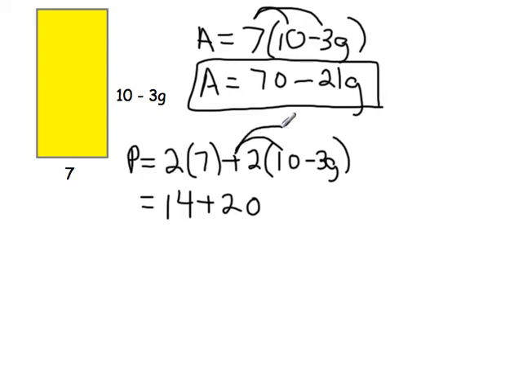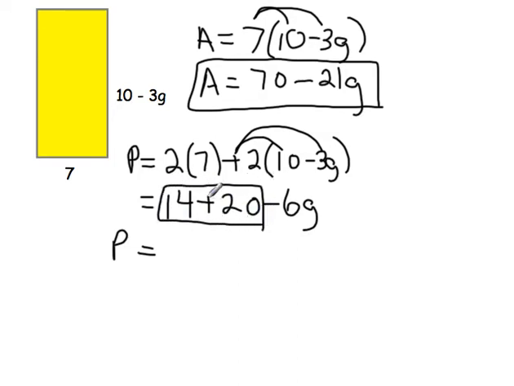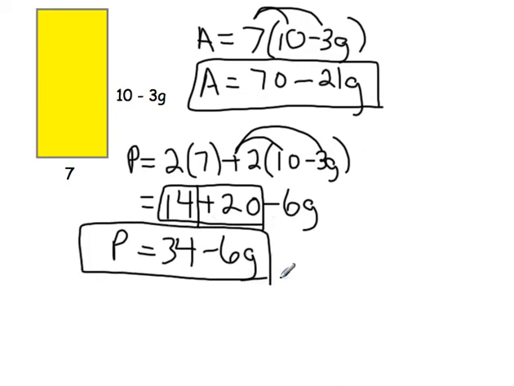And then positive 2 times negative 3g is minus 6g. Now we combine like terms. These two in the front, 14 plus 20, those are my constants. So I'm going to add those together. 14 plus 20 is 34. And then minus 6g is just going to drop down. So that is my perimeter.